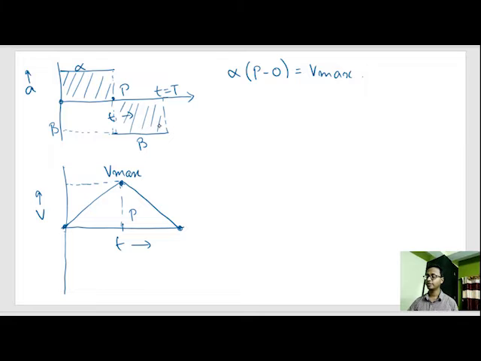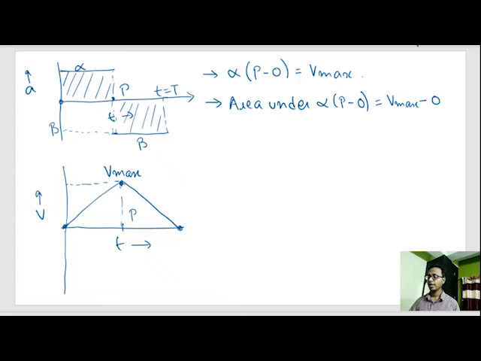So let's try to solve it. The area under the alpha curve, or area under alpha into p minus 0, is equal to Vmax minus 0.